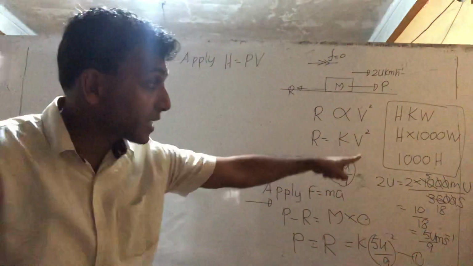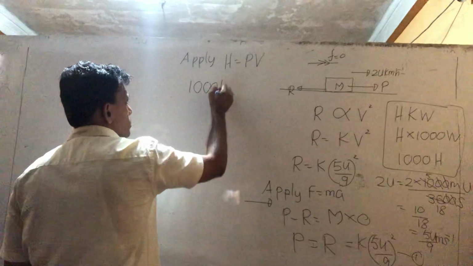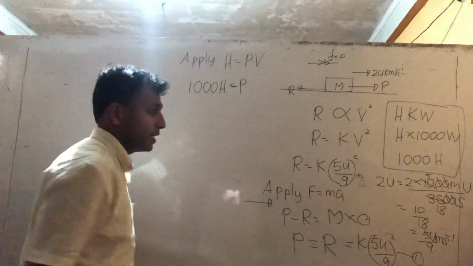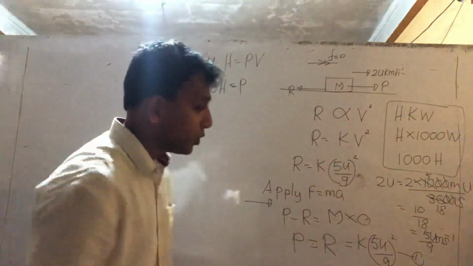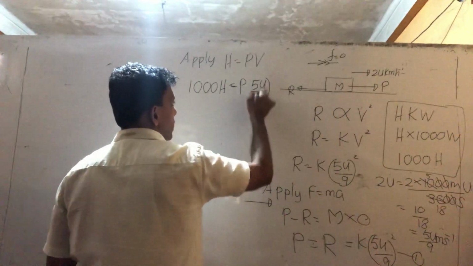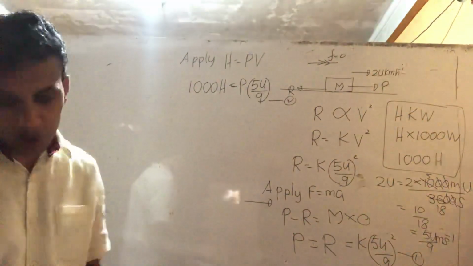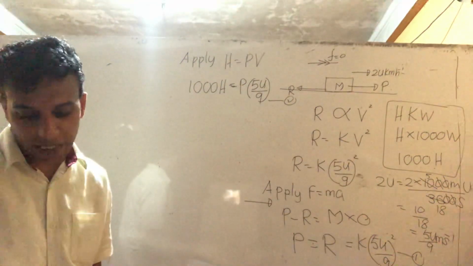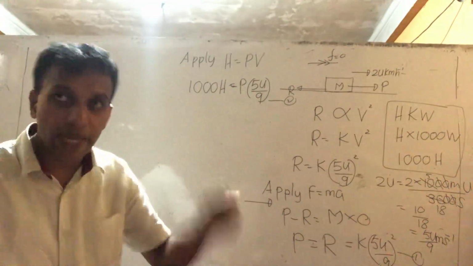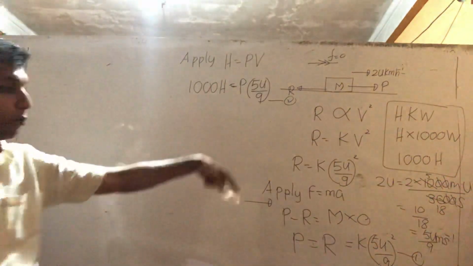So here the power is 1000 H, equal to P into velocity, that is 5u over 9. Okay, say second equation. Now connect both equations to find the K answer. Once you know the K answer, you can complete the future model in the inclined plane. So simplify both and find the K value.